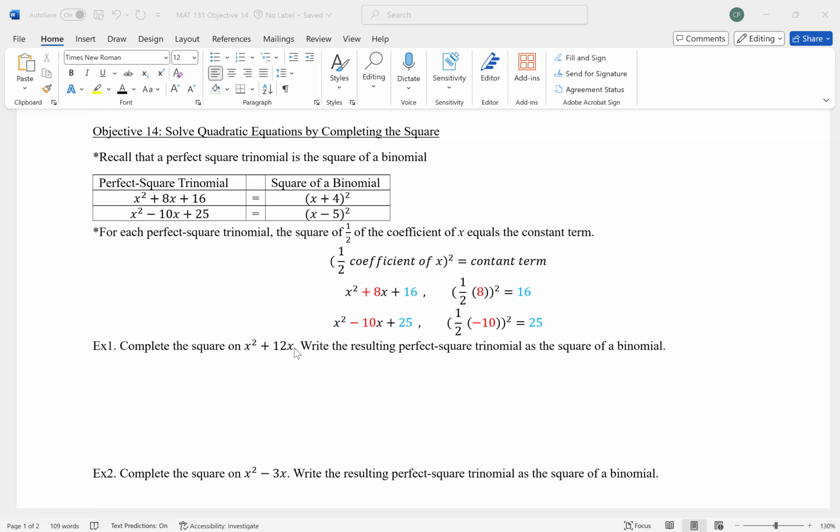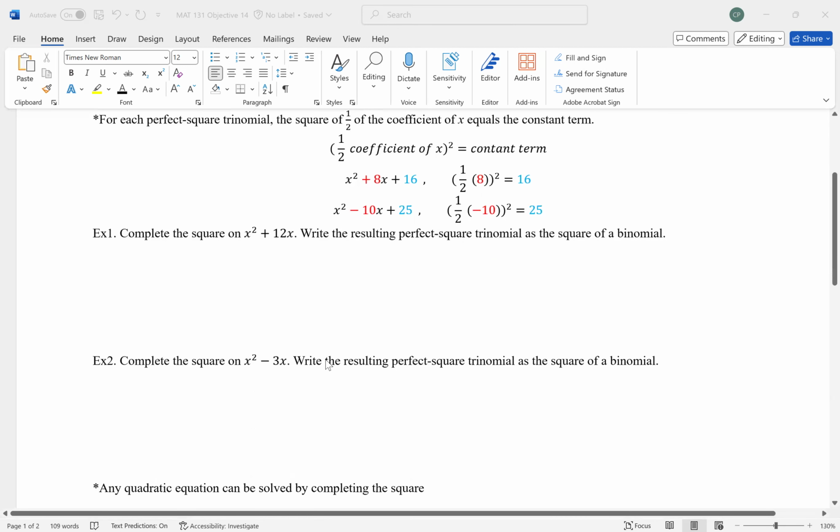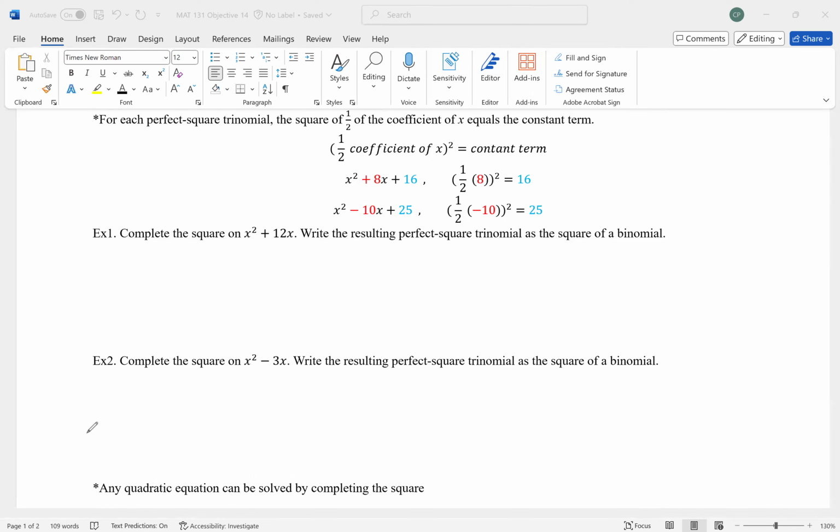As you see, we have the first two terms. We don't have that third term. That is what we want to find, okay? So we're going to complete the square to find that third term. Then we are asked to write the resulting perfect square trinomial as the square of a binomial, okay? So let's get started, okay?